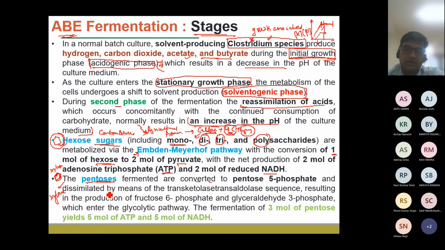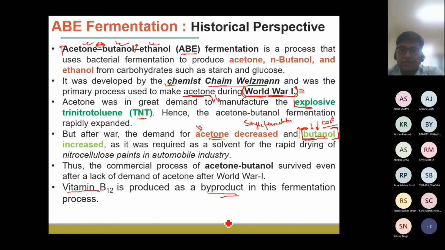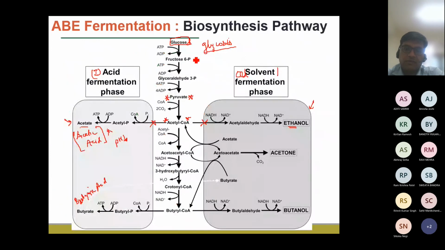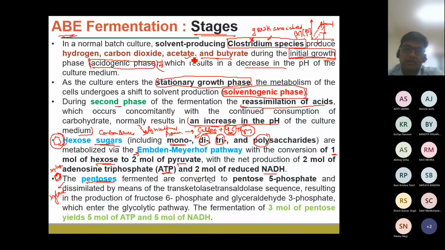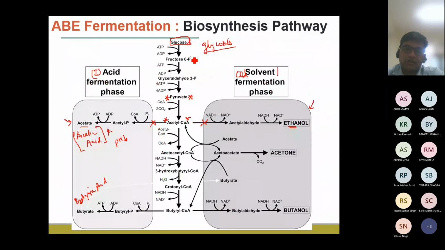Now if we use the pentose sugar, obviously the fermentation pathway will change. We have already seen that if we have some other carbon source, some chemical modification is done, and then it reaches and becomes a component of the biochemical pathway.